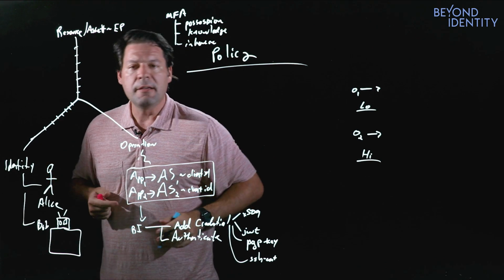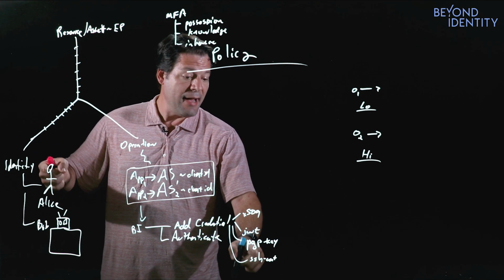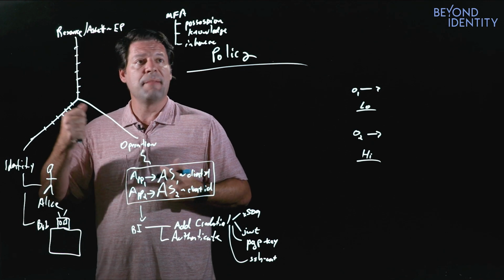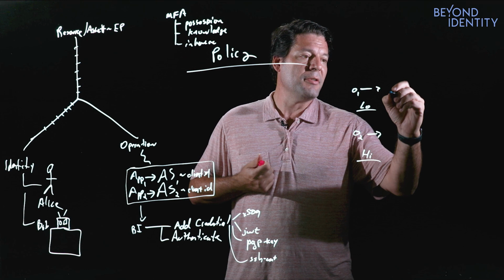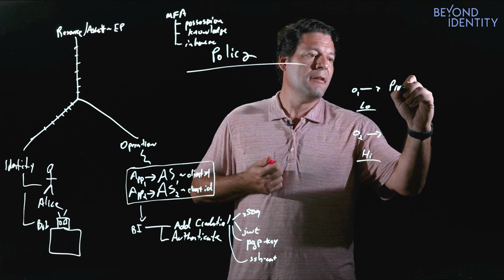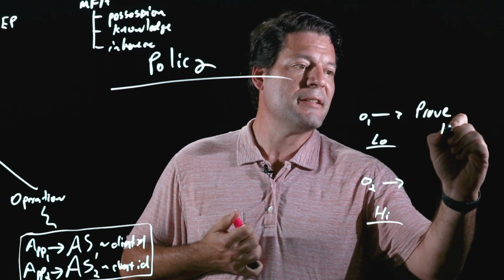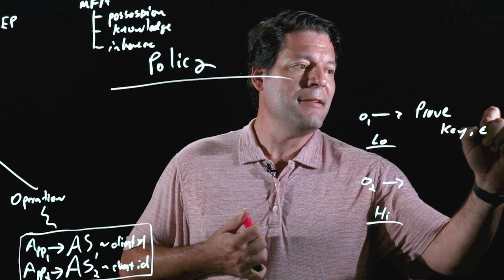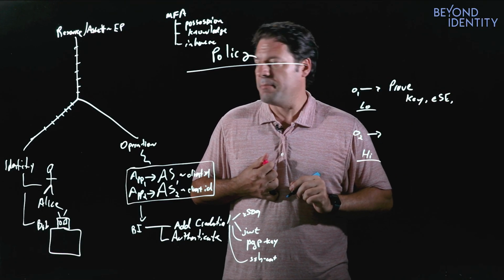So because our key is created inside of a secure enclave, and we can see that through the certificate that's actually presented, that gives us the ability to prove possession, right? So in any of these scenarios, I'm almost always going to say, as part of my policy requirement, I want you to prove that you possess a key, that the key is actually in some sort of secure enclave. And that gives me possession.